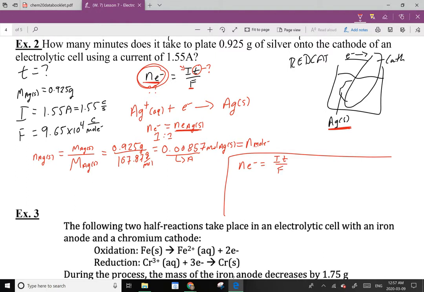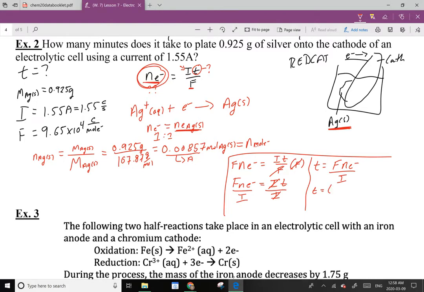So I'm going to multiply both sides by F, and then I'm going to divide both sides by current. So I'm going to get an equation of time equals Faraday's constant multiplied by the number of moles of electrons divided by the current.